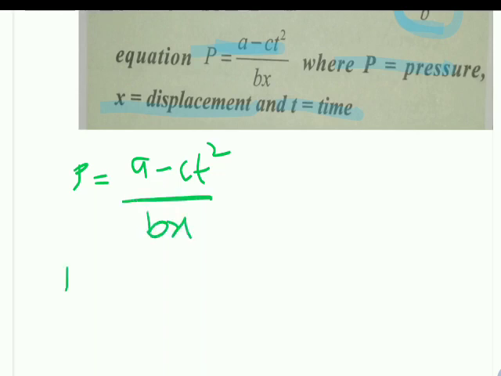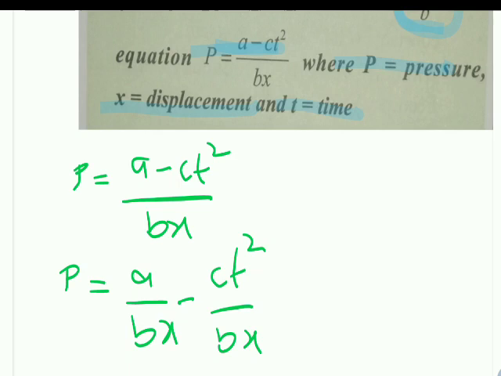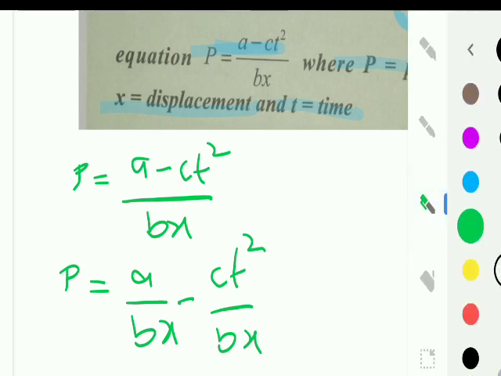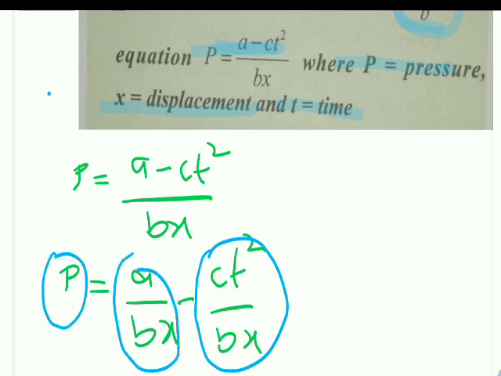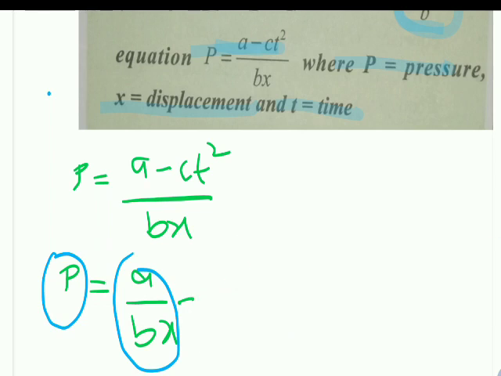Now P pressure is equal to A by Bx minus Ct square by Bx. These all are the same dimension. So I remove this one.